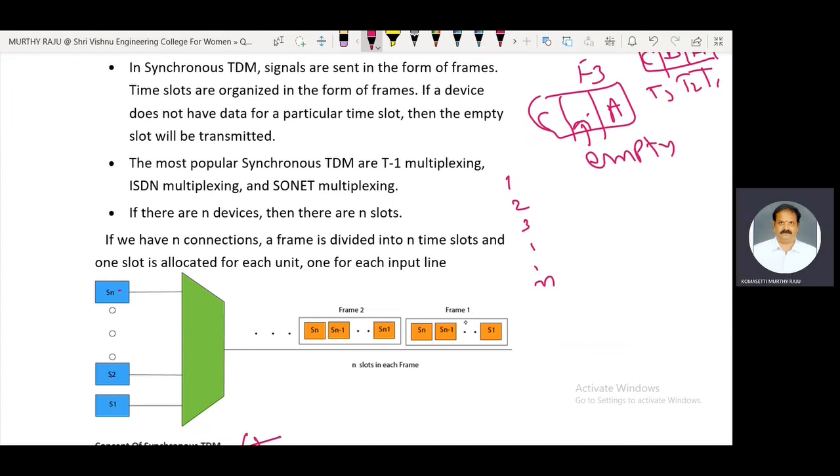Each frame contains n time slots from S1 to Sn. Frame 2 contains n time slots from S1 to Sn, like that. If we have n connections, a frame is divided into n time slots, and one slot is allocated for each unit. This is the one slot.